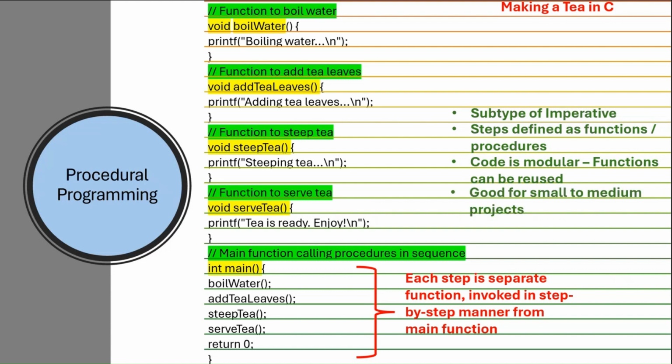So it can be reused. It is good for small to medium projects. Why, we will understand in the next slide. But the focus of this programming paradigm is treating your step as a function, right? And the programming languages which follow this style of coding are C, Pascal, etc.